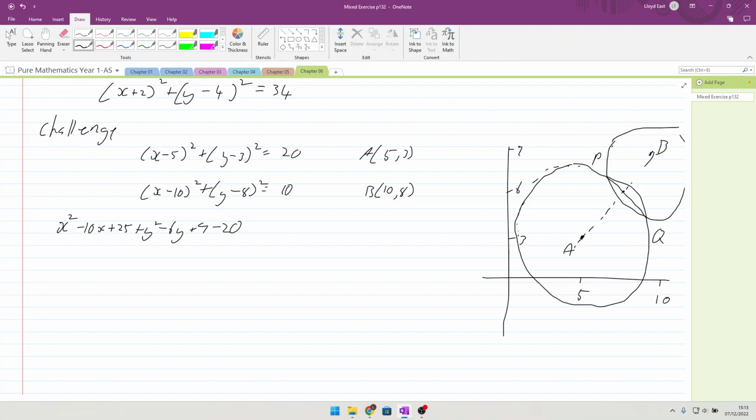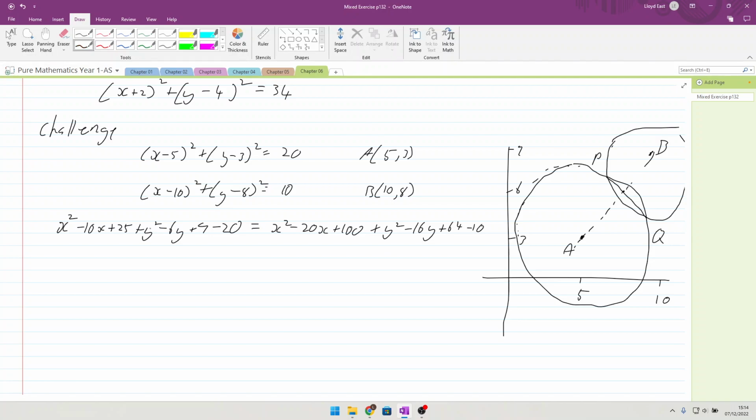At the same point, I'm going to take this equation, the x minus 10, y minus 8 equation, and multiply that out to give me x squared minus 20x plus 100 plus y squared minus 16y plus 64 and minus 10 to make that equal to 0 as well.